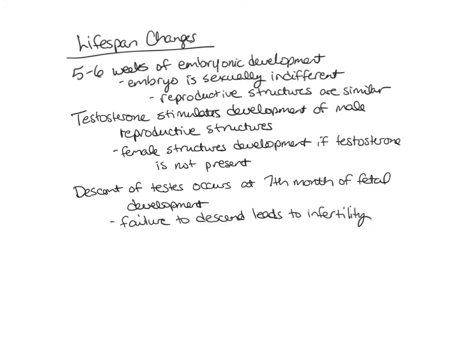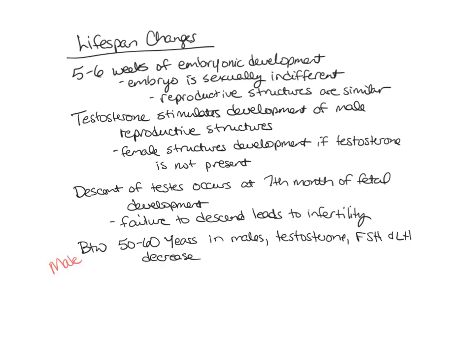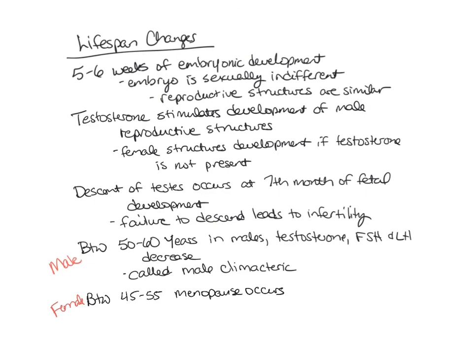During ages 50 to 60 in the male, circulating testosterone levels decrease and FSH and LH levels also decrease. We call this the male climacteric. In a female, menopause occurs at ages 45 to 55. This is the time that ovulation and menstruation stop. Perimenopause occurs in a female as well.